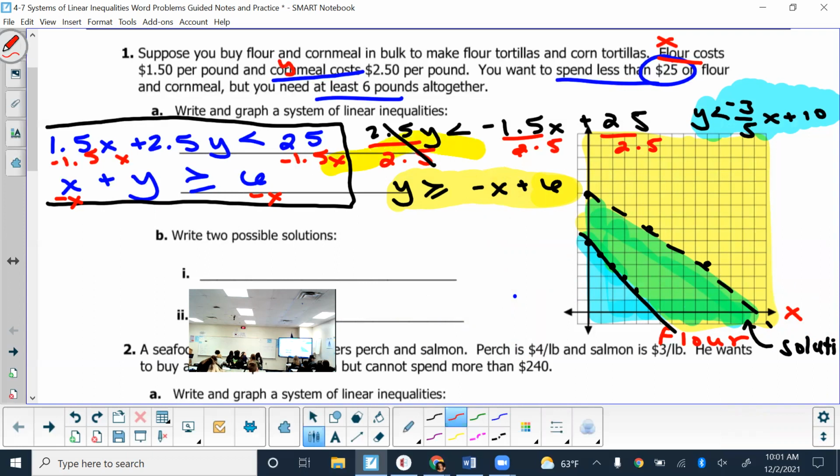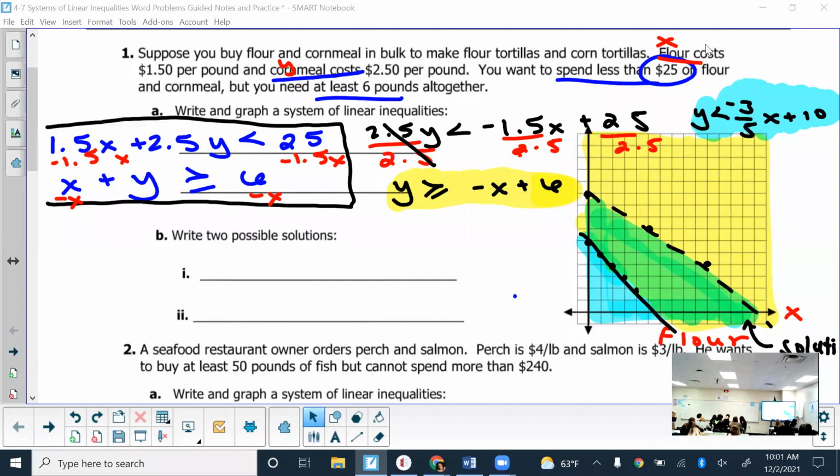All right, so what's a solution that can fit into that green area? 7, 4, let's see, I have to go all the way up there because it's not really working. Maybe I'll try back here. All right, so 7, 4. Good, that would work.